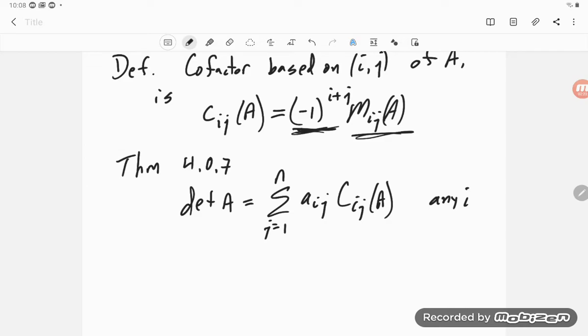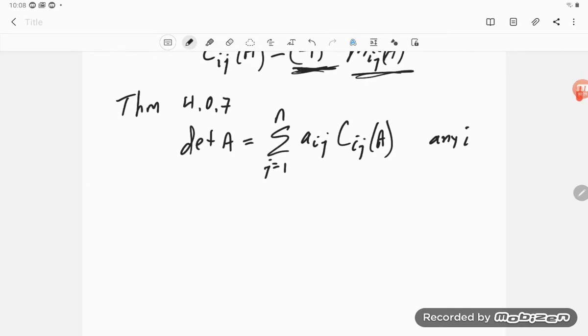And so it just kind of simplified the notation a bit, but that's also equal to the sum i equals 1 to n of a_ij and the cofactor C_ij of A for any j.